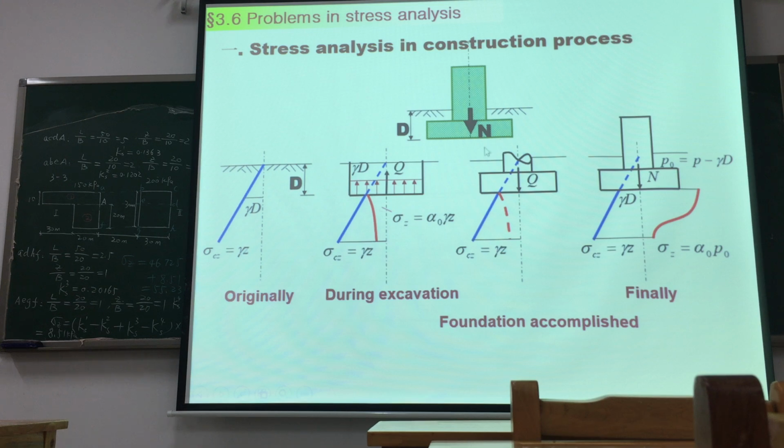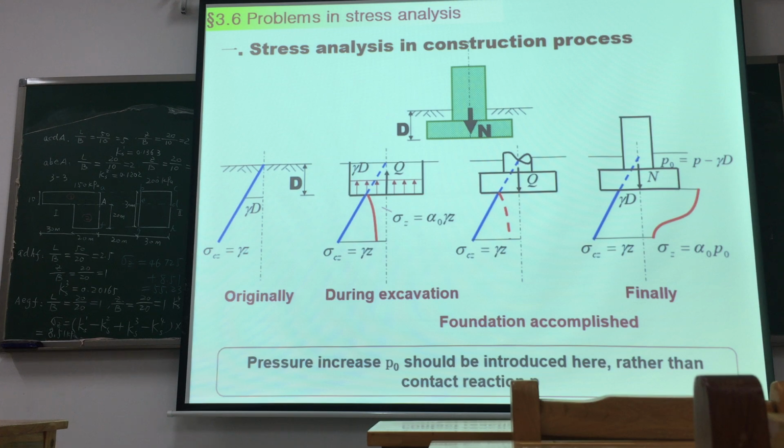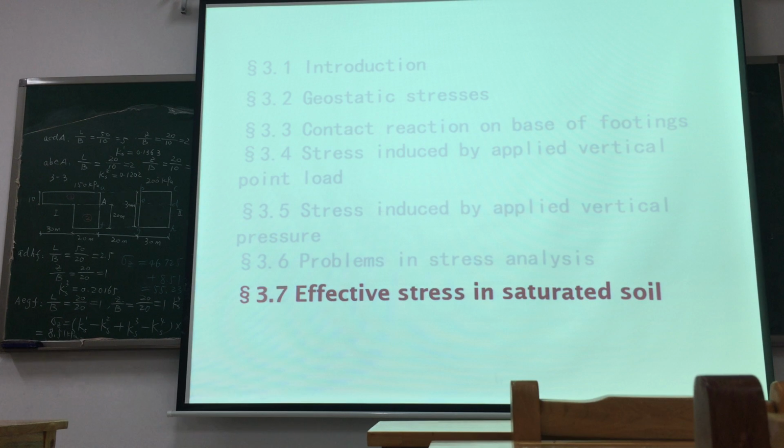Okay. Here, the pressure increase P0 should be introduced rather than the contact pressure. We use the pressure increase for calculation of the stress increase, not the contact pressure. Okay.